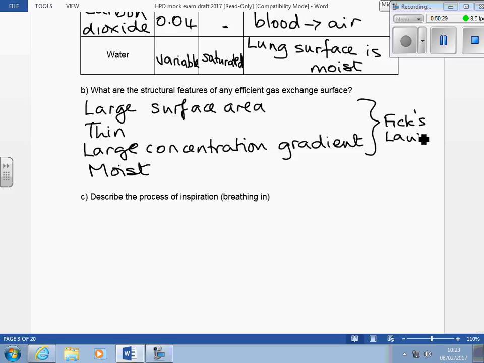Okay, describe the process of breathing in. First thing that happens, the intercostal muscles contract. So the ribs move, ribs up and out.